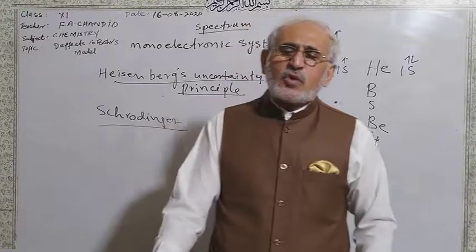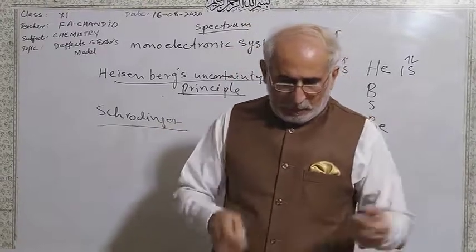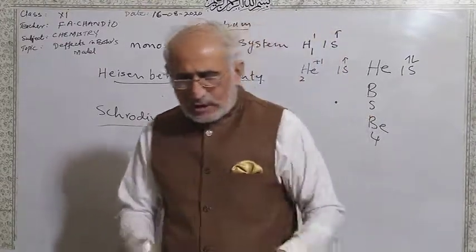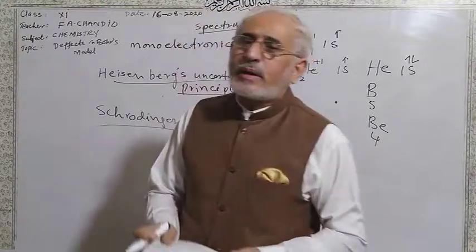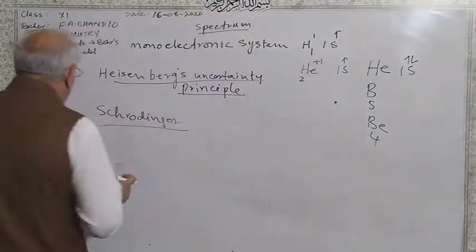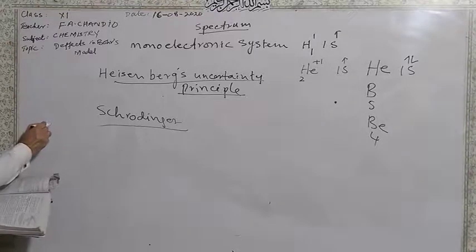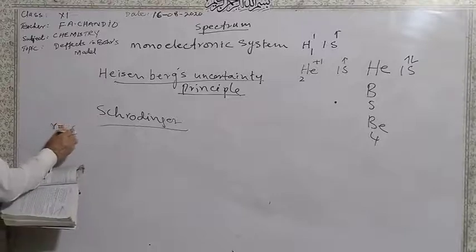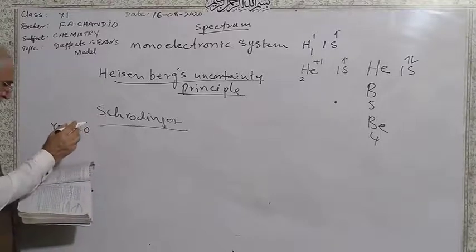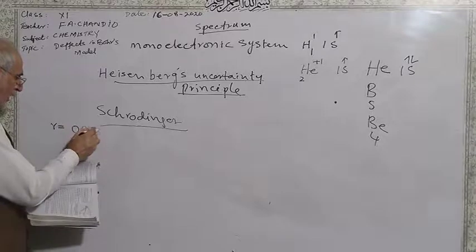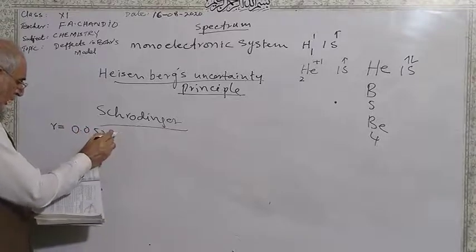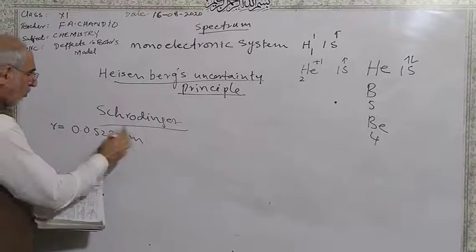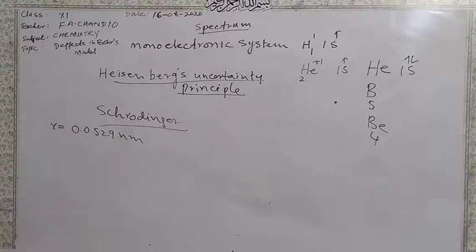Dear students, if you see the calculation of the radius of the Bohr model, if you go back, the radius for the first orbit, if you remember, was 0.0529 nanometers. This is according to Bohr's model.